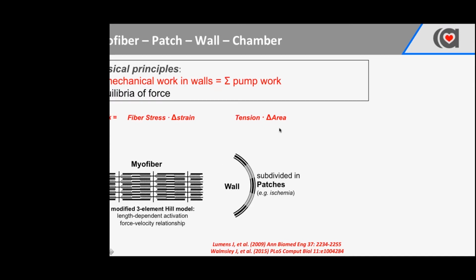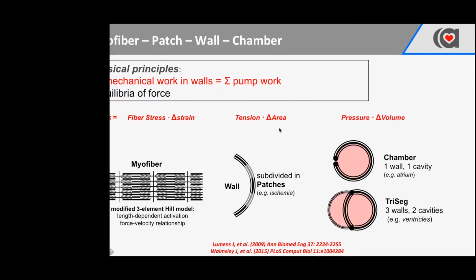Now, tension times area also equals pressure times the difference in volume. So you can derive from a myofiber towards the wall, towards the chamber, either for one wall, one cavity, like the atrium, or a trisac system with 3 walls and 2 cavities, the ventricles.